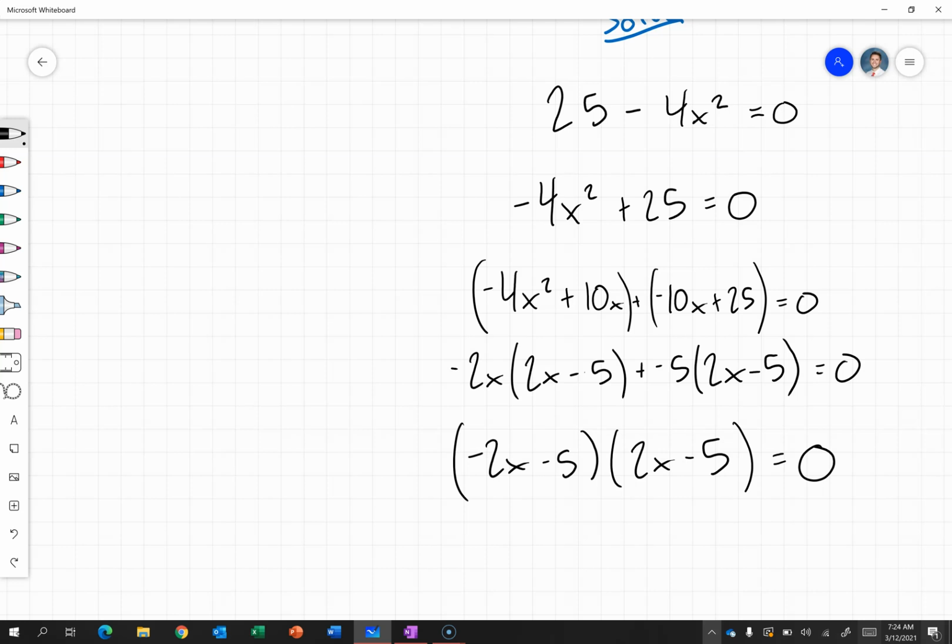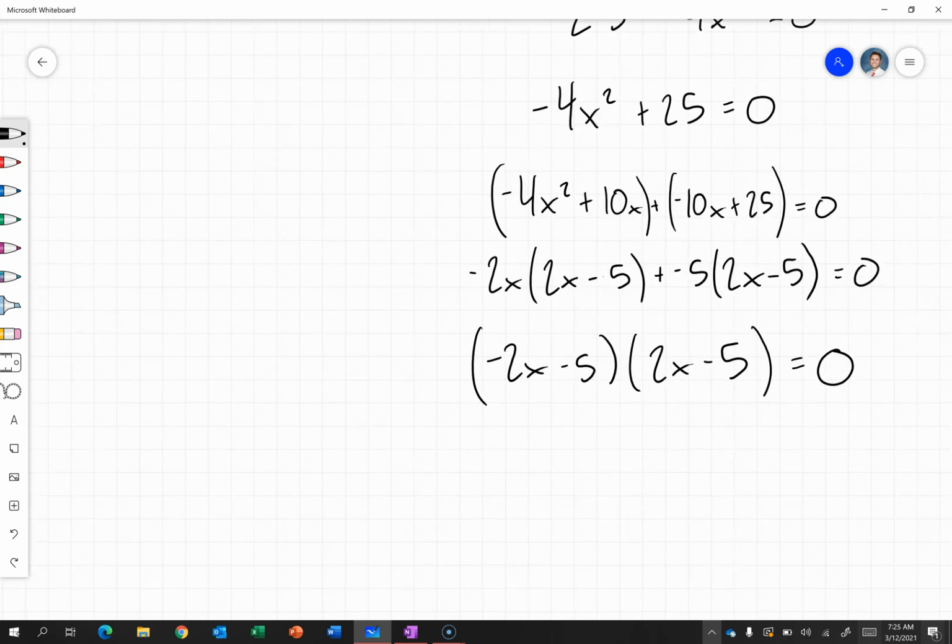So now I know I want to solve this, and I know it equals 0. This whole thing, negative 2x minus 5 times 2x minus 5 equals 0, then at least one of these terms would have to equal 0. So we can set both of them equal to 0 to solve for x. So we have negative 2x minus 5 equals 0, and we have positive 2x minus 5 equals 0.